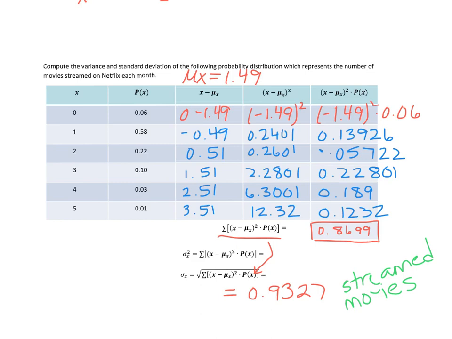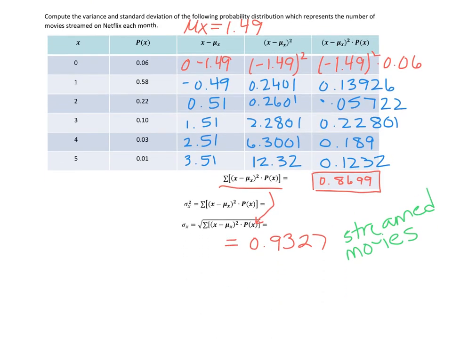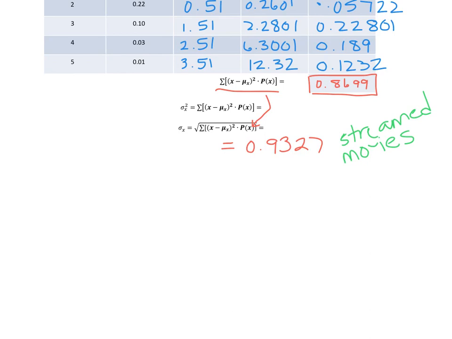All right, and we did it by hand once, so from this point forth, we can use our calculator. And if we wanted to use our calculator, again, same setup as before, we would put L1 as our data, L2 as the corresponding probabilities.